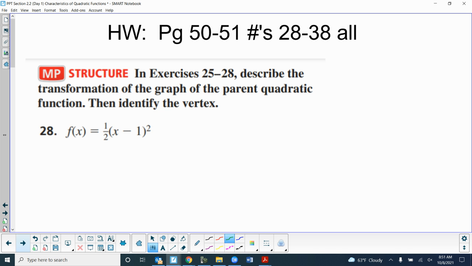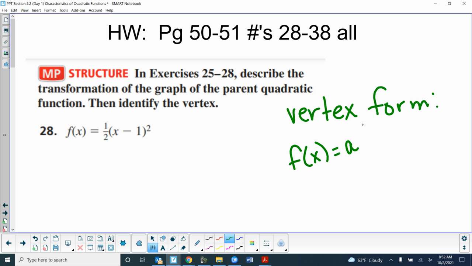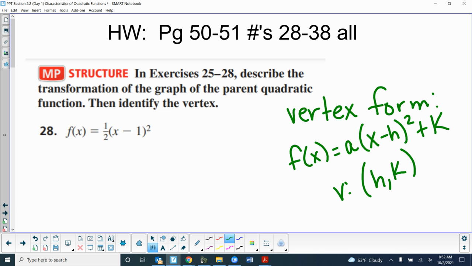Yesterday we talked about vertex form. Again, this is review from earlier in the year, but, vertex form is this.